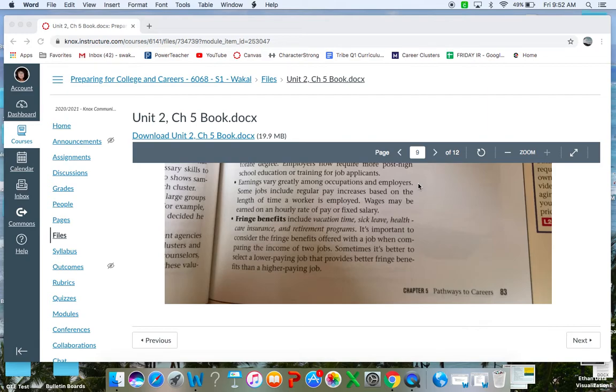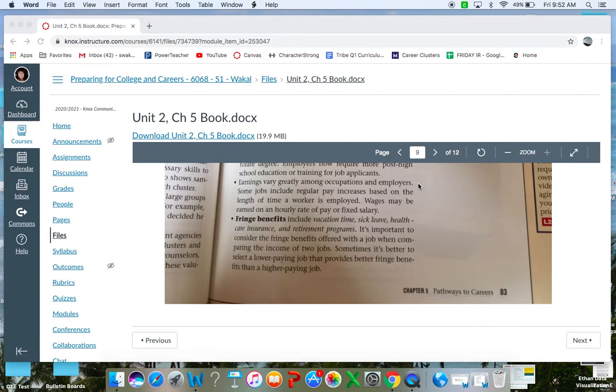Okay, earnings. Your earnings vary greatly among occupations and employers. Some jobs include regular pay increases based on the length of time a worker is employed. So you should be making more than someone who has worked there for 10 years.